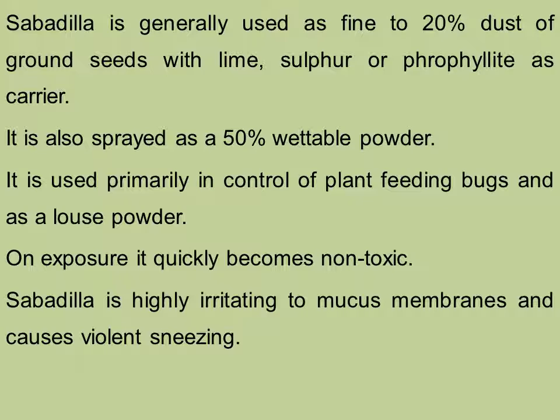It is also sprayed as 50% vegetable powder. It is used primarily in control of plant feeding bugs and as a louse powder. On exposure, it quickly becomes non-toxic. Sabidilla is highly irritating to mucous membranes and causes violent sneezing.